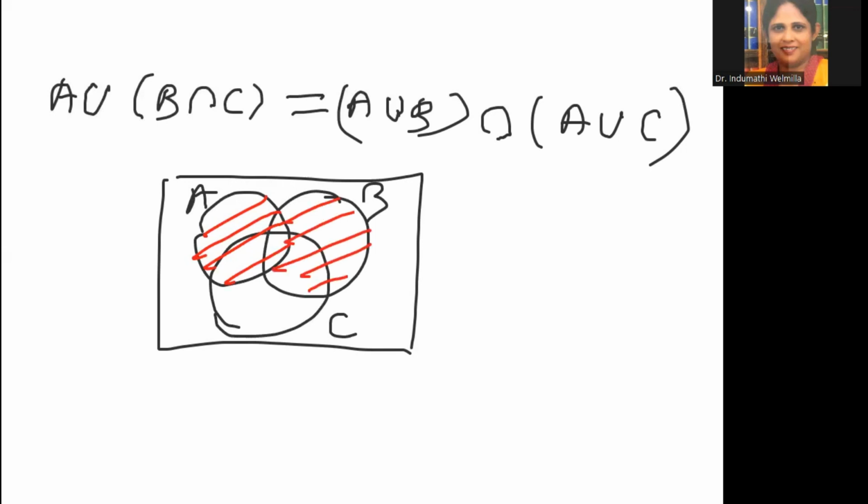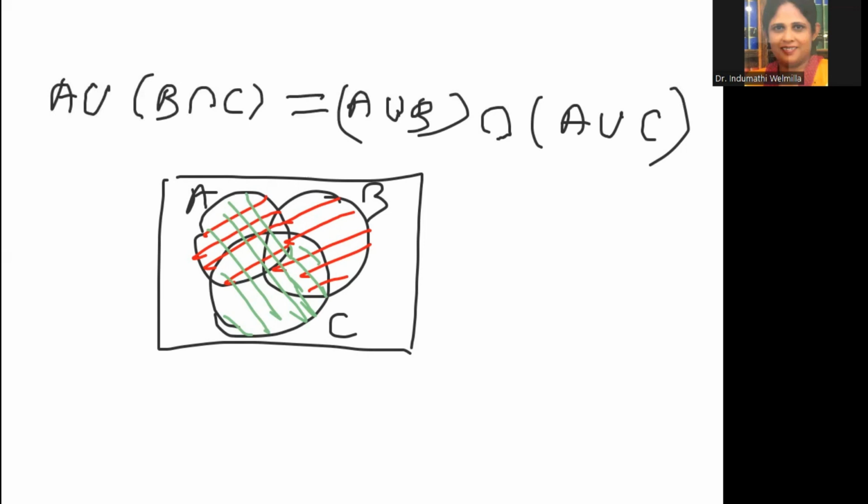A union C, again I use another color, equals this part. Then A union B intersection A union C means the area which I colored twice.